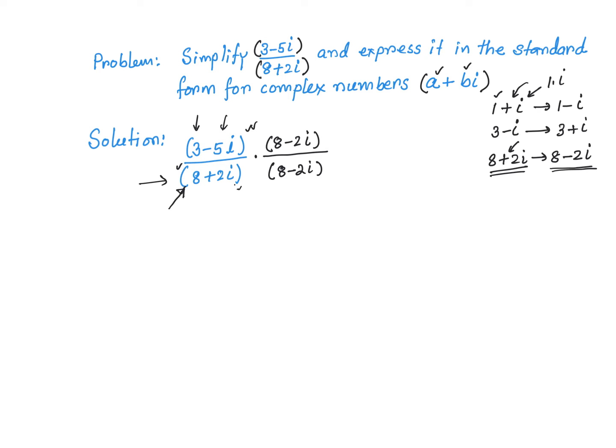The reason we did this is so that we can get rid of the imaginary number in the denominator. If you look at the denominator, right now you have 8 plus 2i times 8 minus 2i.